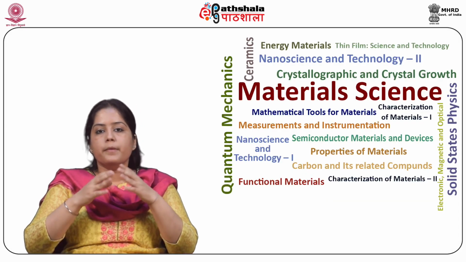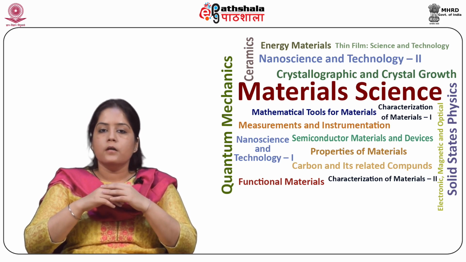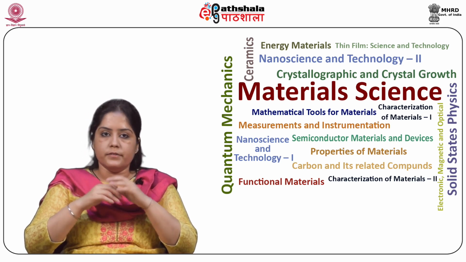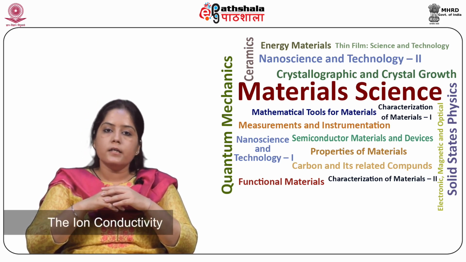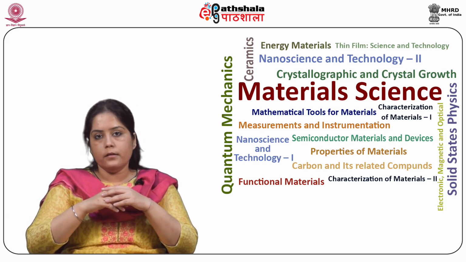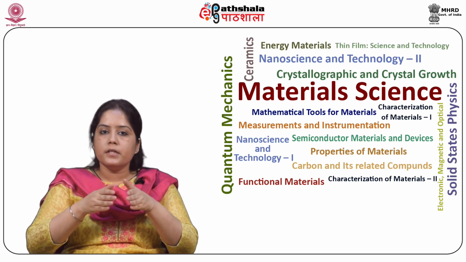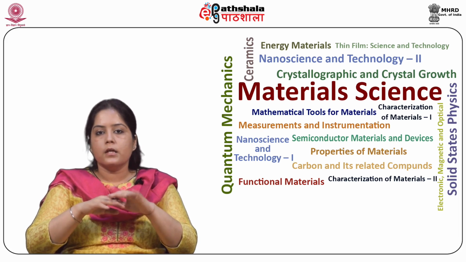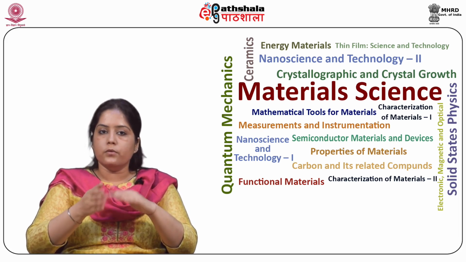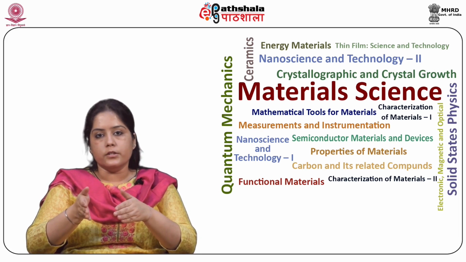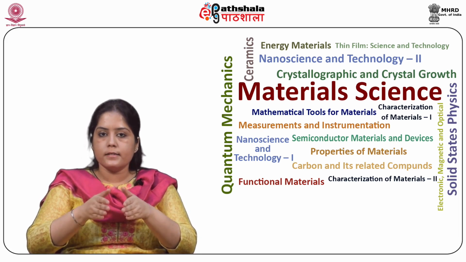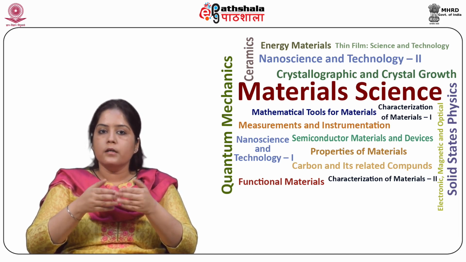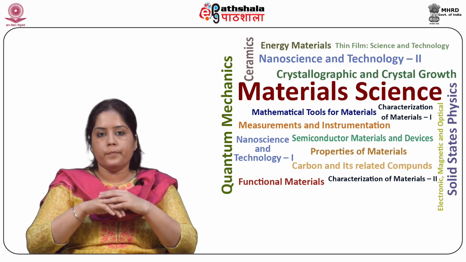Properties of the membrane materials. First property which we will be discussing is the ionic conductivity. The ion conductivity of a membrane describes the ability to conduct the protons or the anions in both directions during charge and discharge in order to balance the charge differences which are occurring during these reactions.